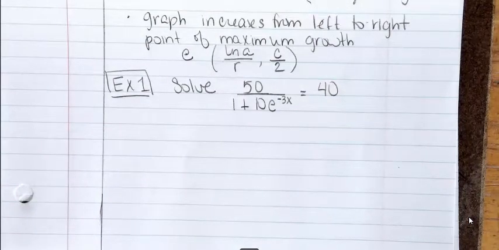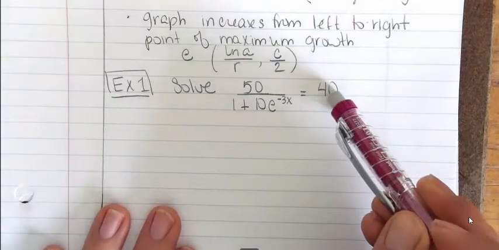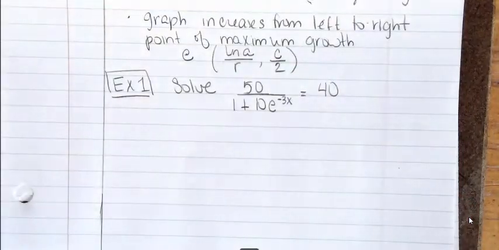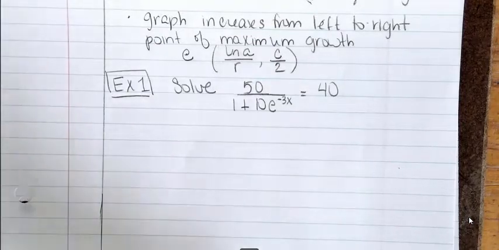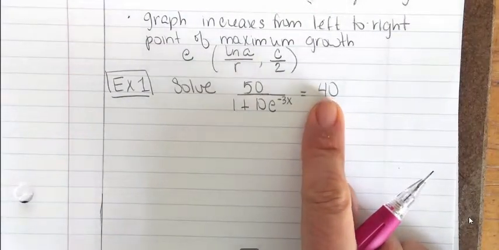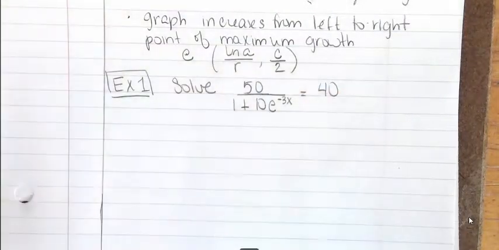So we're wondering, when is this thing going to be 40? Maybe, for example, this was a model modeling the growth of the COVID-19 virus in its early stages, and we're wondering, when are 40 people going to actually be infected?